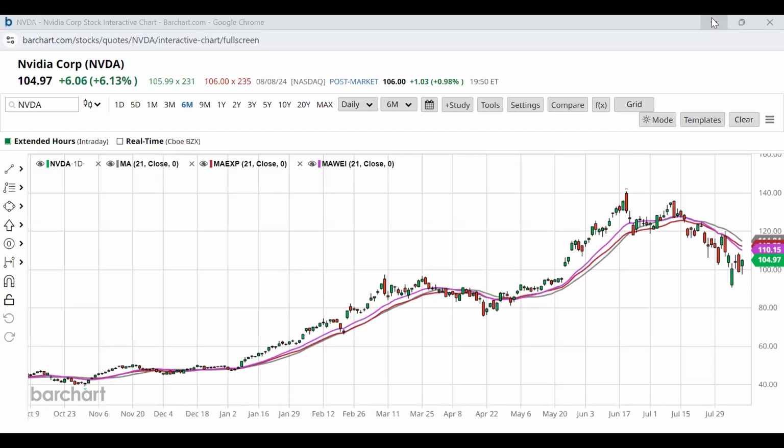So here the problem is, as some of you may know, that in TradingView, you can use only two indicators at a time. You can't use more than two indicators. If you want to use more than two indicators, you have to take the premium subscription. So due to that, I am now using the bar chart. So in this bar chart, there is no restriction for indicator.